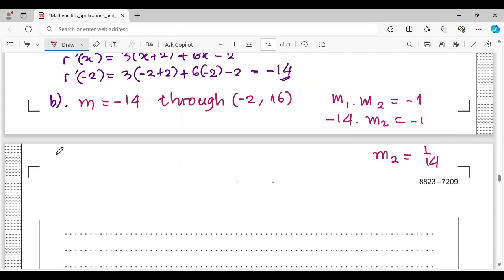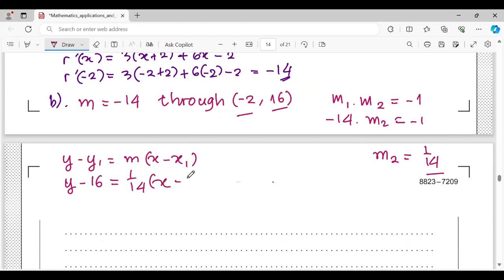And after that, the equation y minus y1 equals m times (x minus x1). This is y1, this is x1, and m is this 1 over 14. So the equation becomes y minus 16 equals 1 over 14 times (x plus 2), because -2 minus minus equals plus.